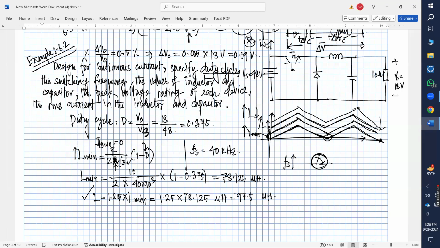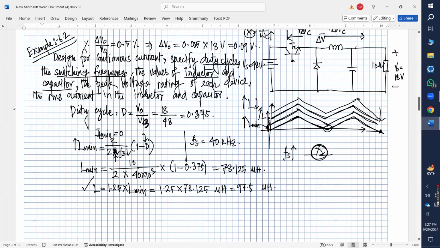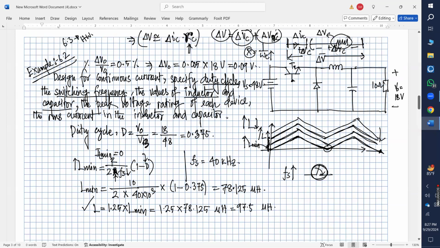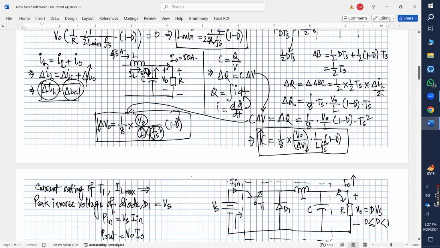So now we got the value of the inductor. Now we choose the switching frequency based on the trade-off between the inductance and the switching frequency. Now we need to know the capacitor value. How can we calculate the capacitor value?